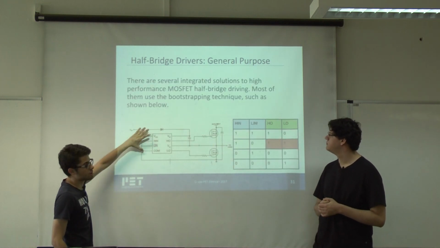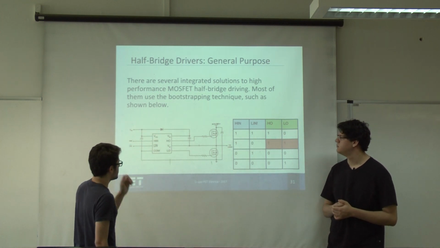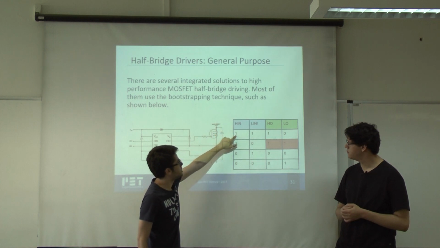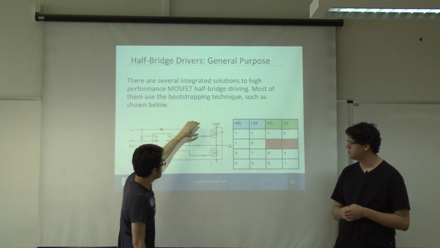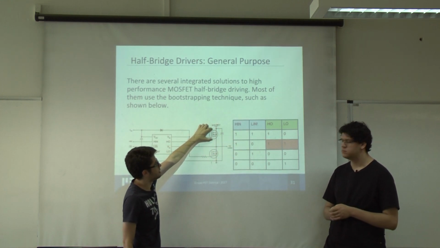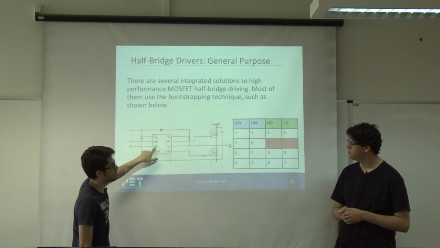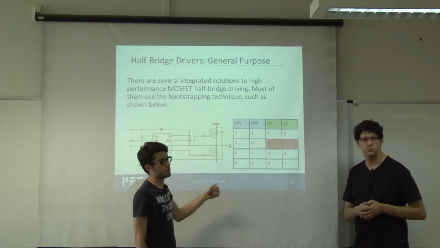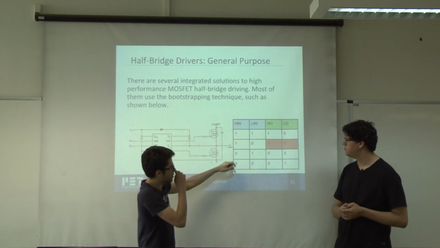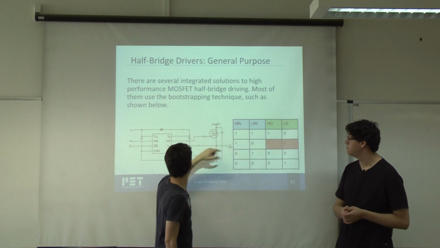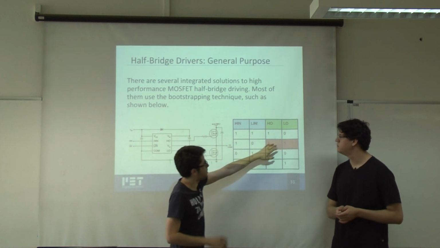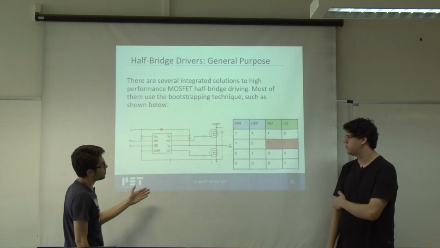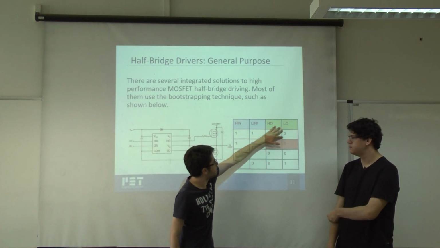So this is one of them. In this option, one will activate the upside MOSFET, and this one is denied. So you will activate the other one with the 0. So with 1 here and 0 here, you have a permitted sense. So this is one of your logics.